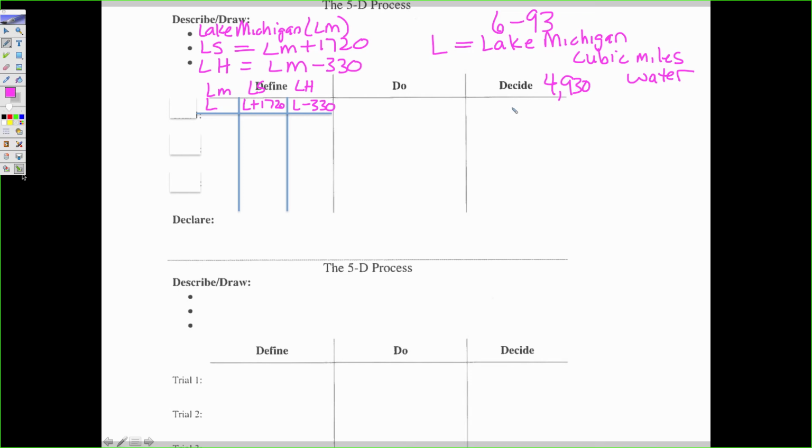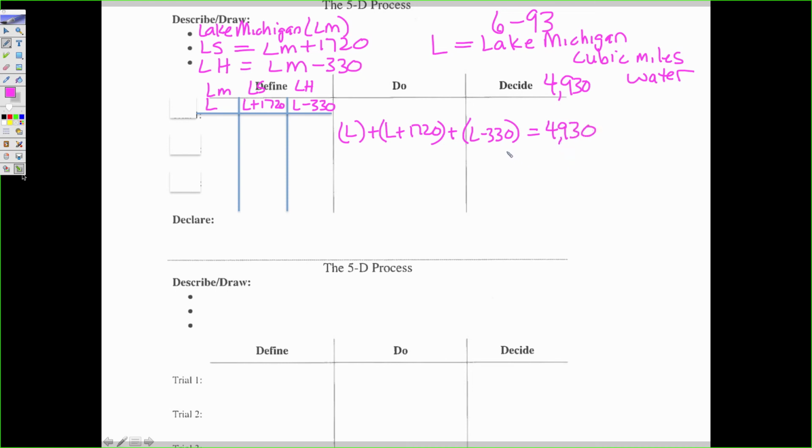It's a lot of water. So let's add this together. I have L plus L plus 1,720 plus L minus 330. That's Lake Michigan, Lake Superior, and Lake Huron, and altogether that's going to add up to 4,930.